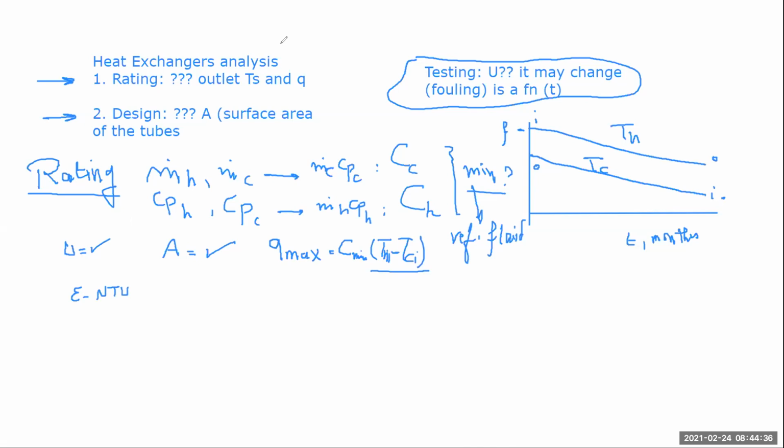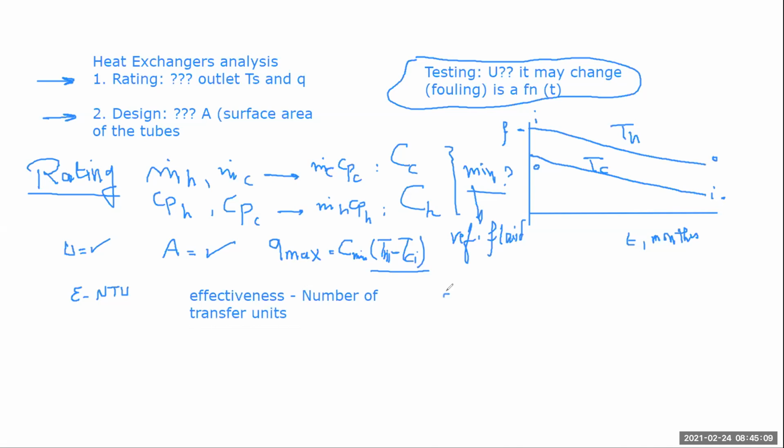NTU method. Epsilon is what we refer to as effectiveness, and NTU is the number of transfer units. So this is basically the effectiveness number of transfer units method. What do we have in this method? The effectiveness value is given in tables or charts.